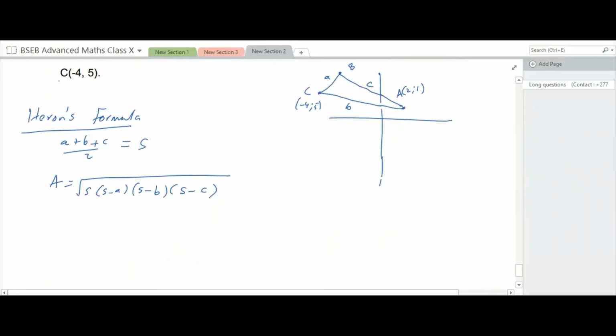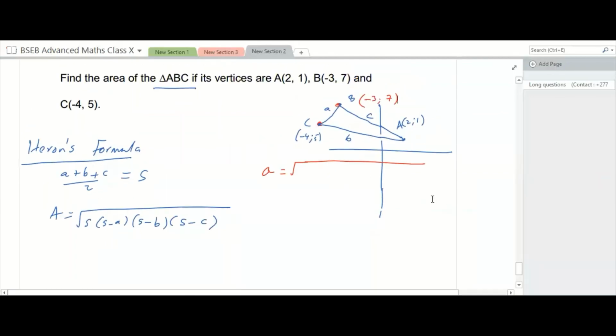So A is equal to the square root of, so we are finding the distance BC, which is A, and B was minus 3, 7.